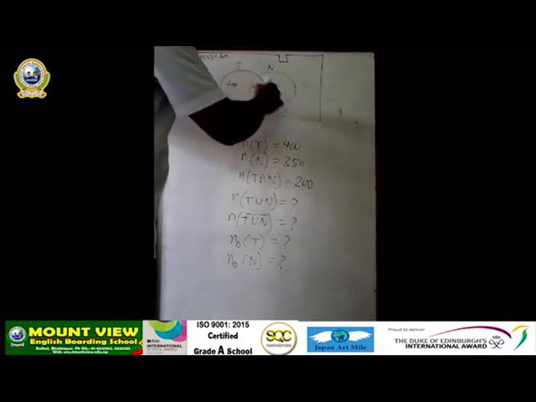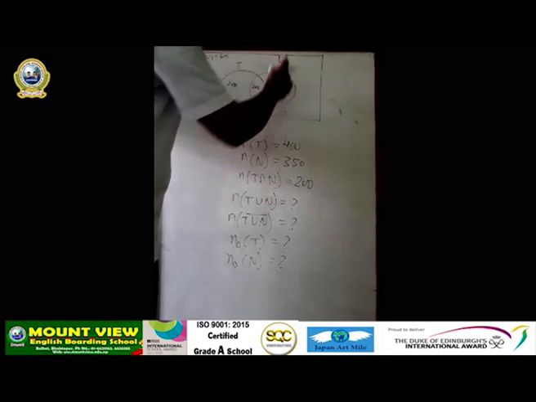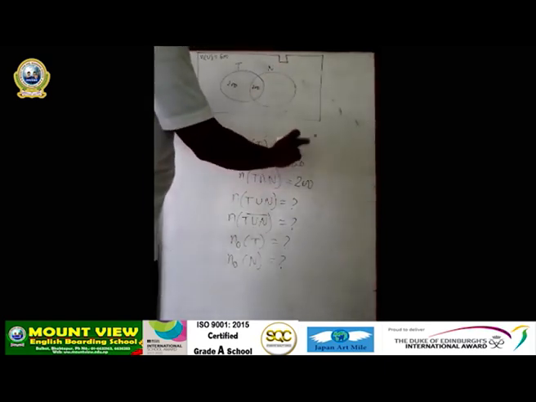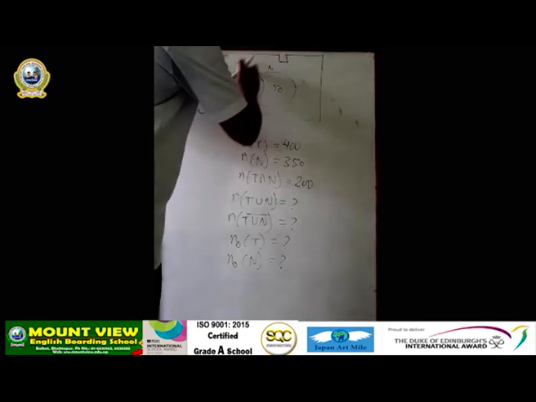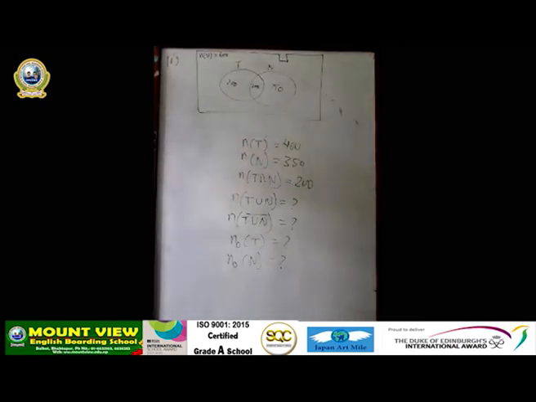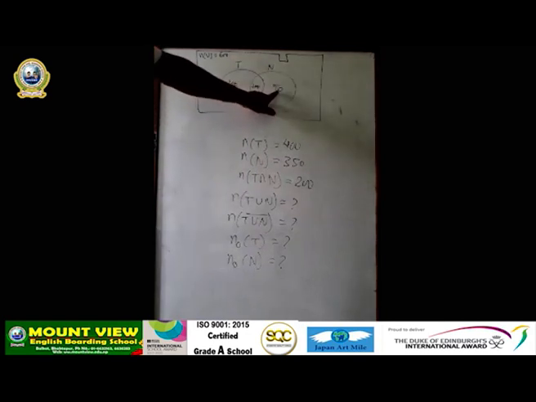And total people who speak Nepali is 350. 350 minus 200 means 150 people can speak only Nepali, not Tamang. हेर त 150 only Nepali.